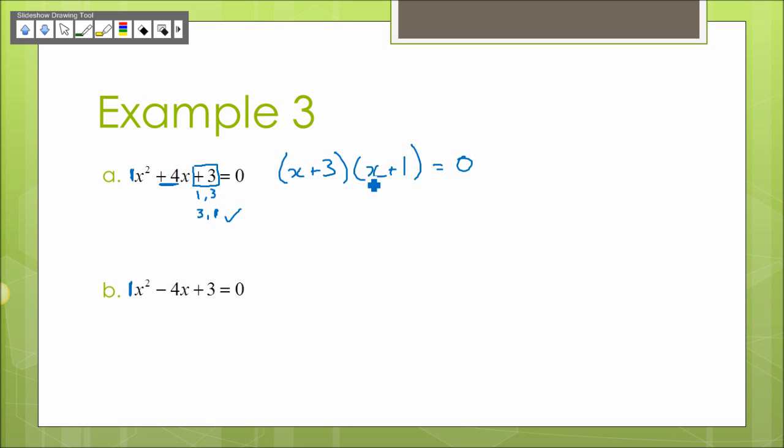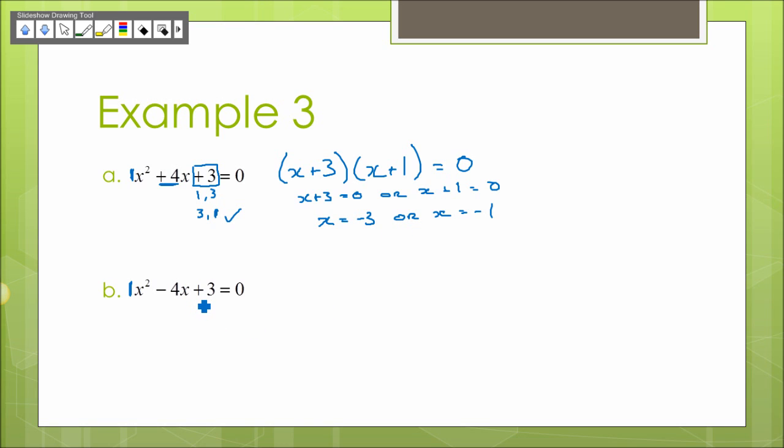Now we haven't finished yet because we need to solve it using the null factor law. So this tells us that either x plus 3 equals 0 or x plus 1 equals 0, meaning x is either minus 3 or x is minus 1. And that's our final solution.